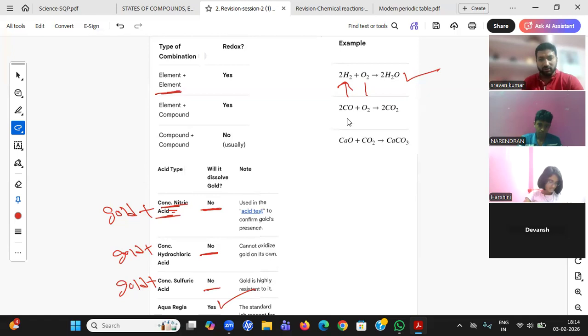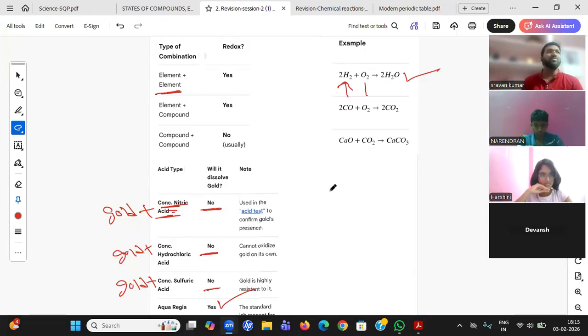Okay, yes Ponnappa, sir, which is more reactive, concentrated? Concentrated only, yes Narendran, you're absolutely right. I'm giving that as an exception. Once we are diluting the things, it is not so strong to begin with.